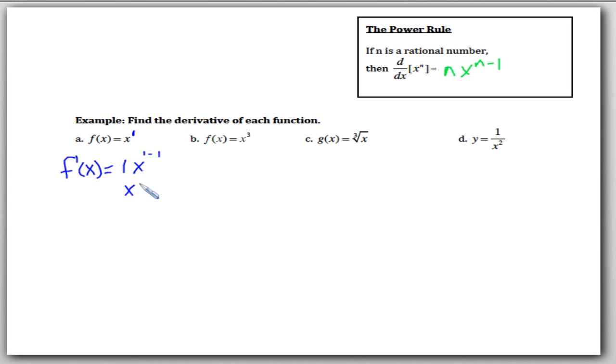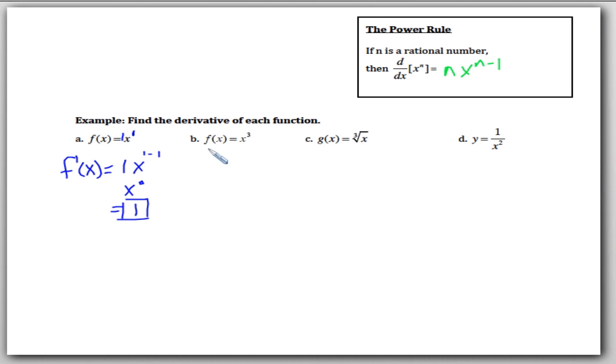Well, we know this is x to the 0, and so we know this equals 1. Now if we think just for a second that the derivative is the same thing as slope, what's the slope of this function? Well, we know it would be 1. And so here we can see that the power rule works for linear functions.